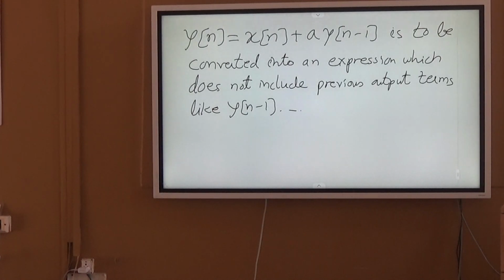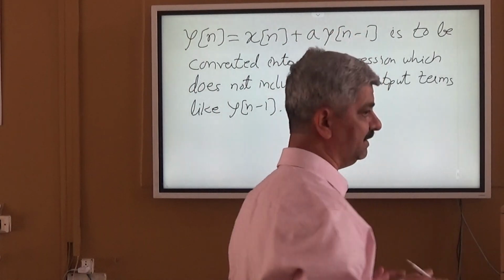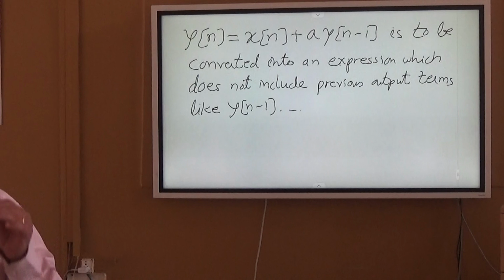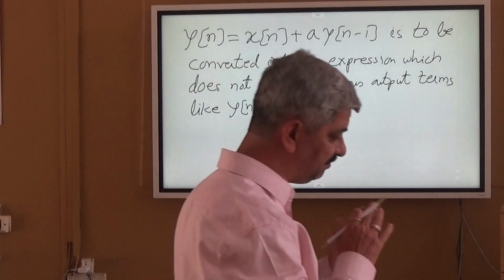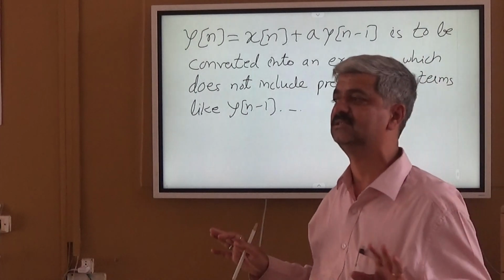So the problem is the expression yn is equal to xn plus a times yn minus 1. Forgetting all previous things, no context is required for this equation.